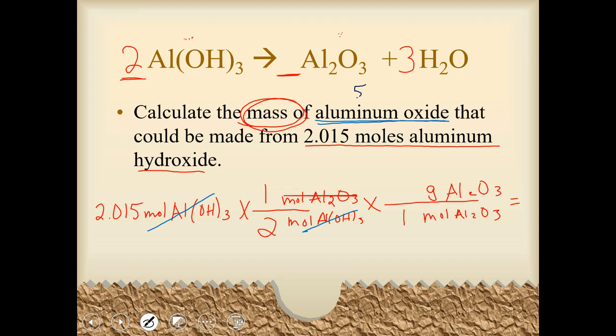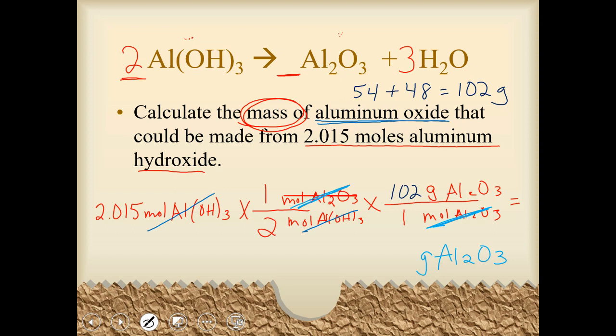So times 2, that's 54 for the aluminum. And then oxygen is 16, but there's 3 of them, that's 48. And when you add that together, you get 102 grams. So there's 102 grams in every mole. So now the aluminum oxide moles will divide out, and you can see that my label is going to be grams aluminum oxide for the final answer.